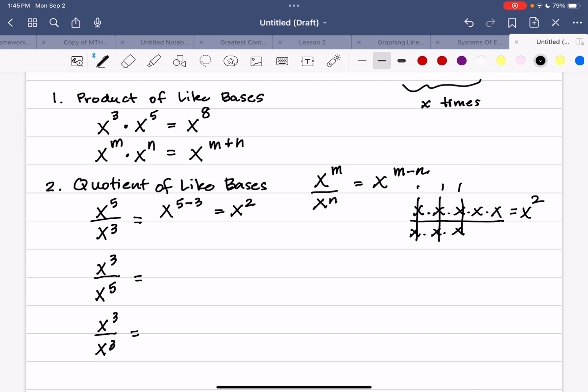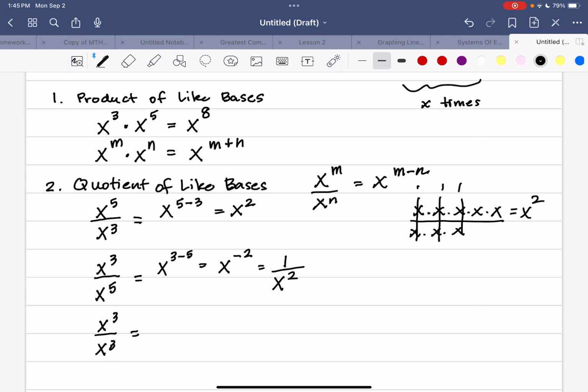Now a similar thing happens in the second case where you have a bigger number or exponent in the denominator. We're still going to subtract. X to the 3 minus 5 is going to give me x to the negative 2. But the negative exponent means that the base is in the denominator.